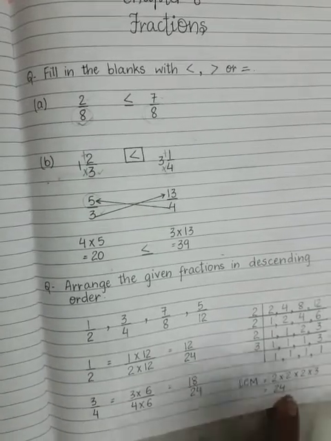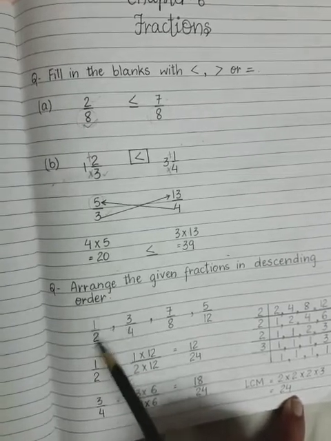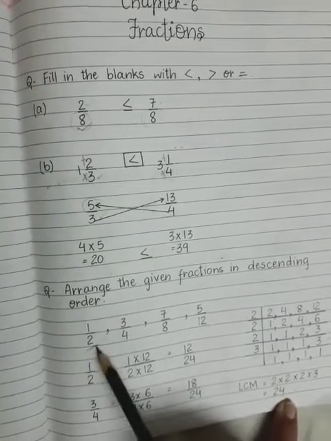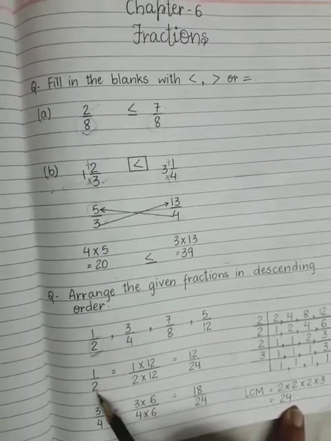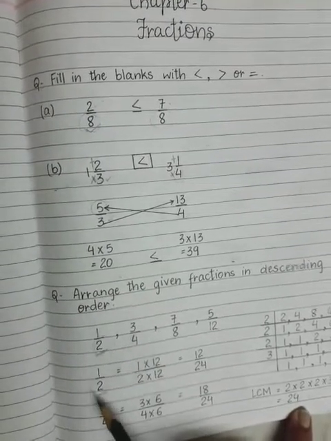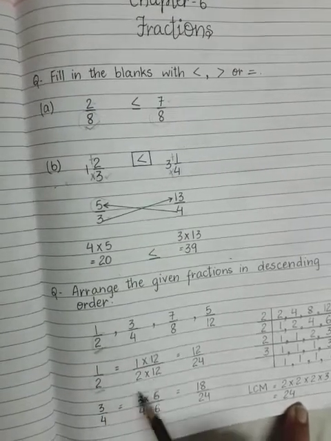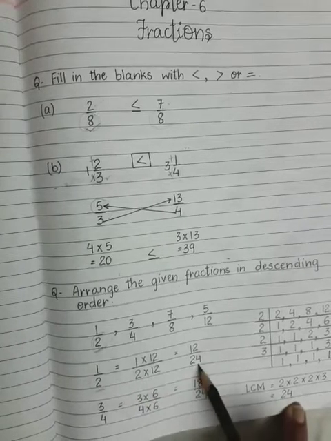Okay. So, in order to make this as 24, the first fraction 1 upon 2, and we just focus on the denominator here, okay, we are just focusing on the denominator. So, in order to make this 2 as 24, we multiply 2 by 12, because 2 12s are 24, right.